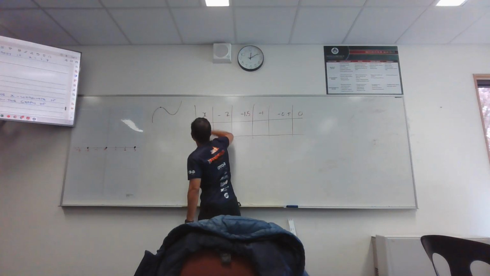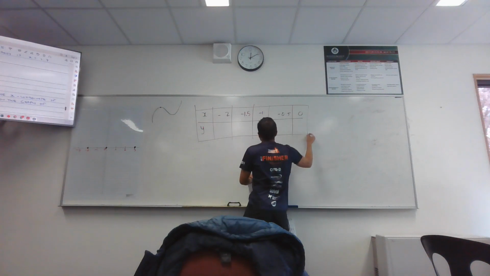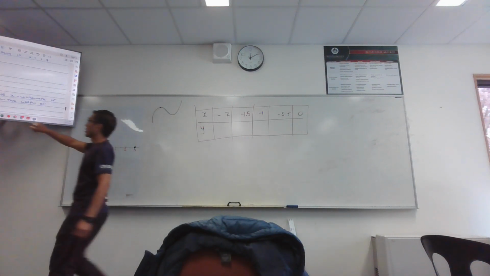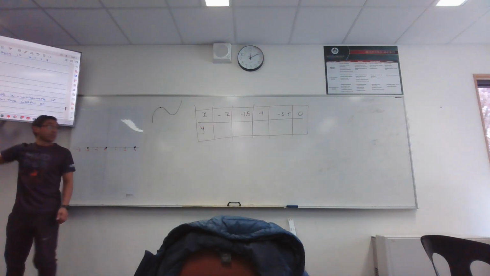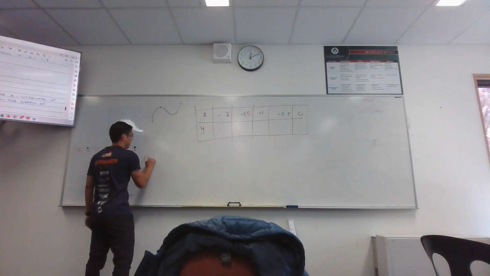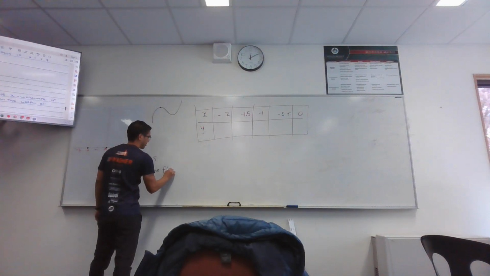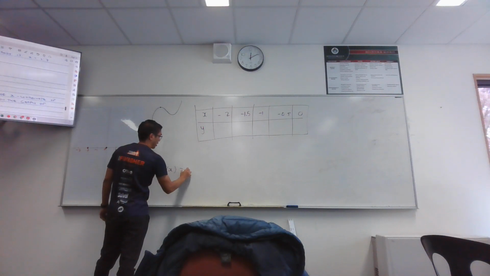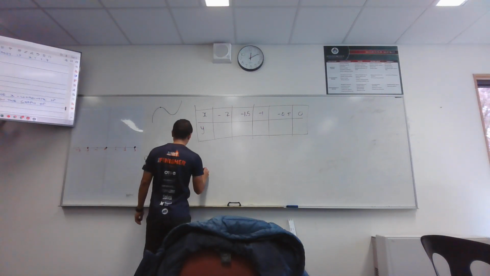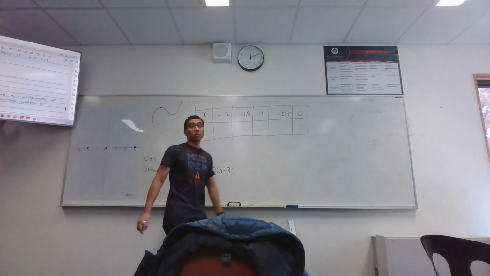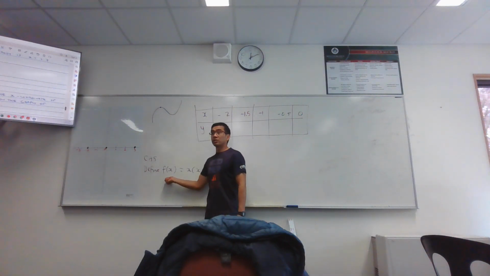Right now, can everyone please, just to make things quick for you, in your CAS, put a define on CAS: define f of x equals x times x plus 2 times x minus 3. What is the main reason why we define things under CAS?